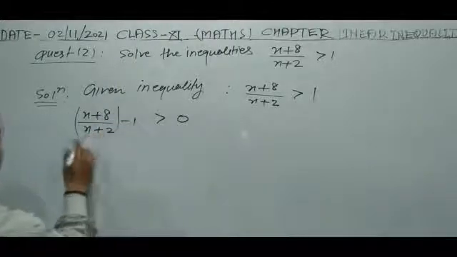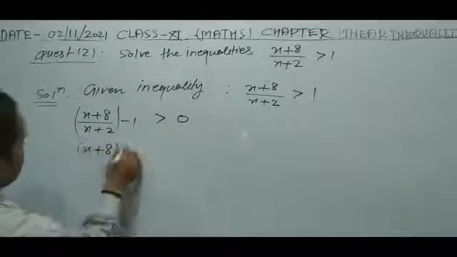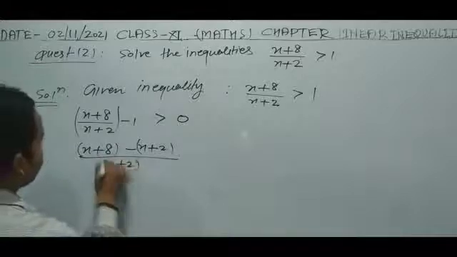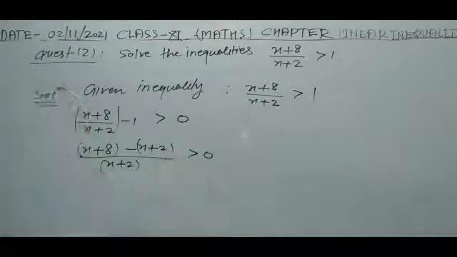So the statement will be x plus 8 minus (x plus 2) whole upon x plus 2 is greater than 0.